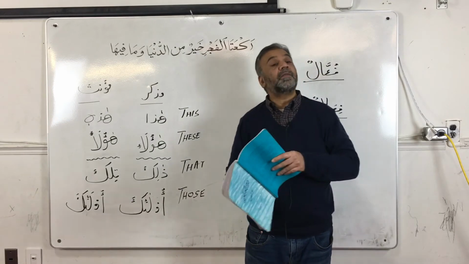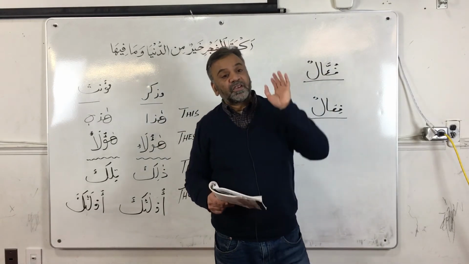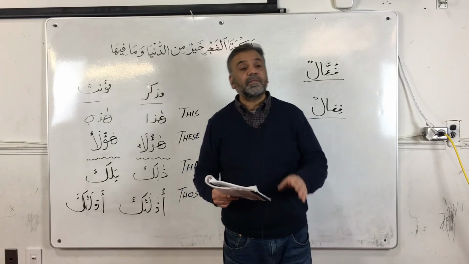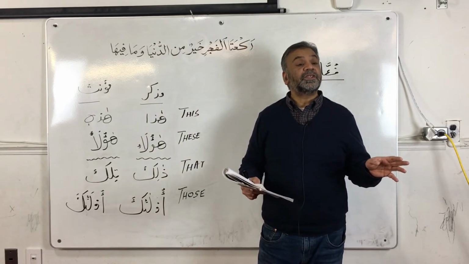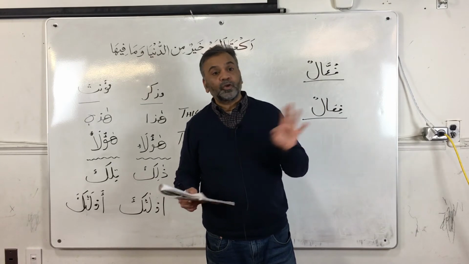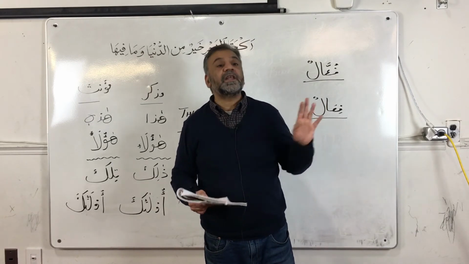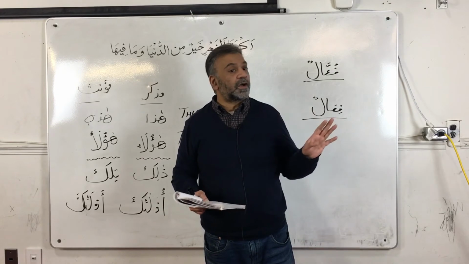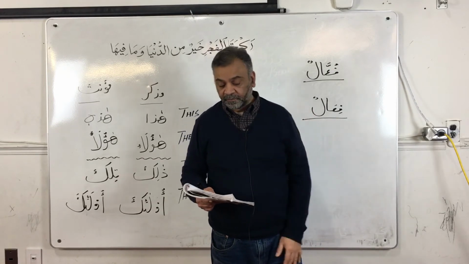Here, zahabu ilal mat'ami, they went to the restaurant. Right? Ilal mat'ami is jarun wa majrurun shibu jumla. No khabar, because this is jumla fi'liya, and in jumla fi'liya we are not looking for khabar, we are looking for fi'l and fa'il.